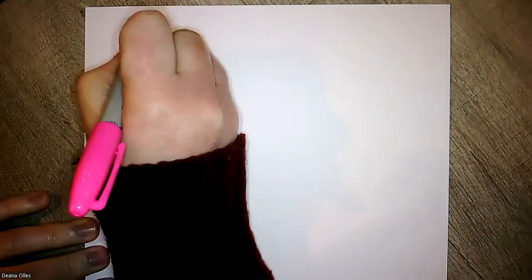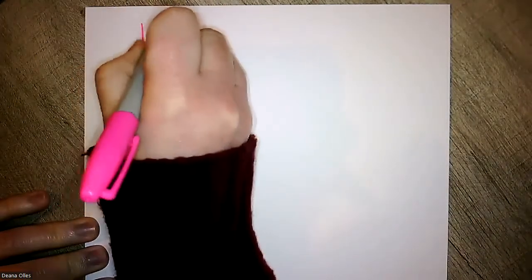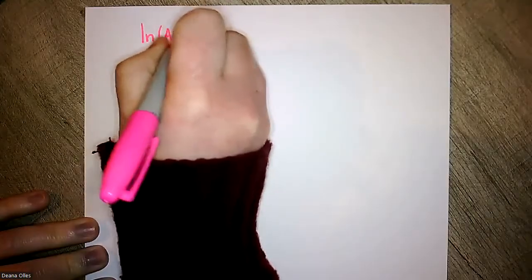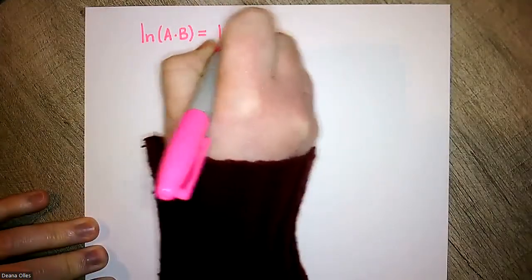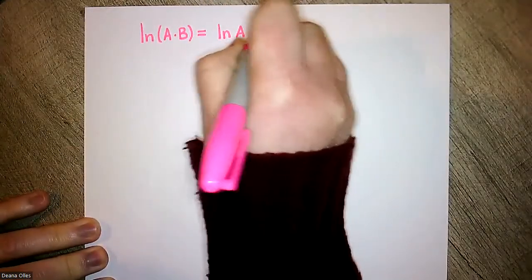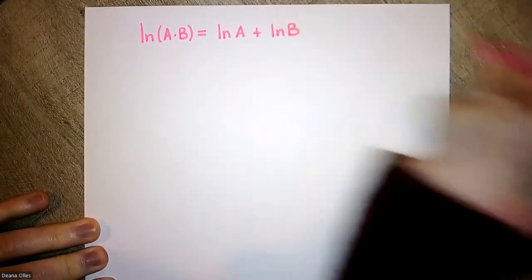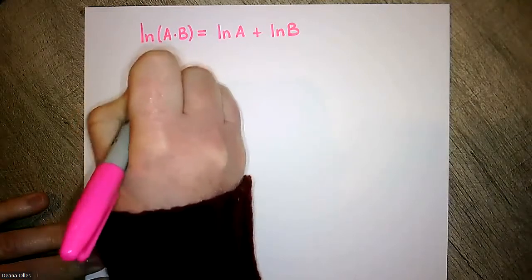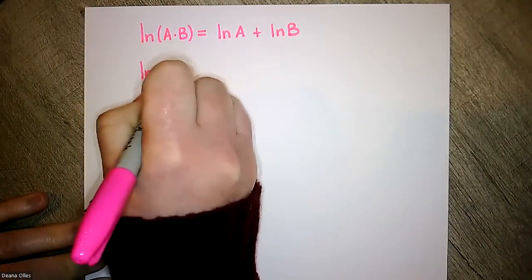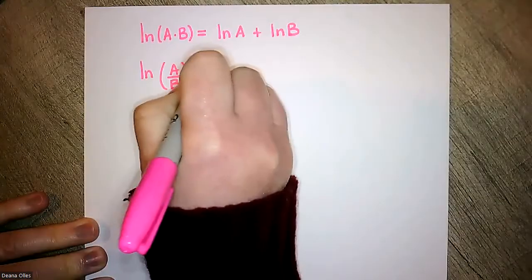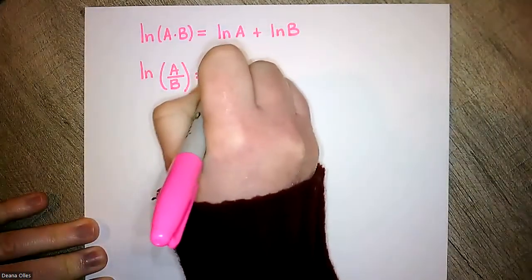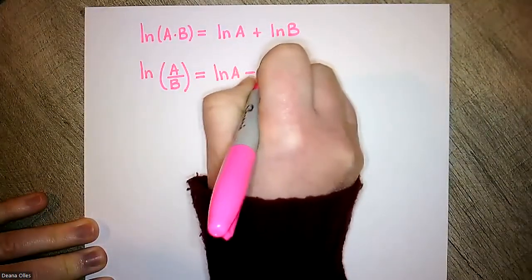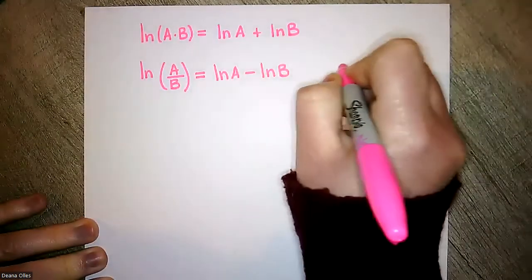And the first one, again, is the natural log of a product can be expanded into the sum of the natural log of those factors, okay? I also know that the natural log of a quotient can be expanded into the difference of the natural logs, okay?